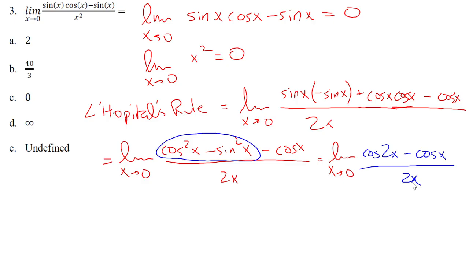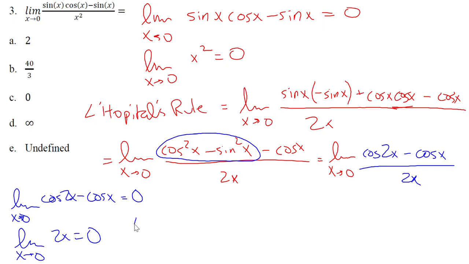And then we would note that because the limit as x approaches 0 of cosine 2x minus cosine x is equal to 0, right, because that's the cosine of 0 minus the cosine of 0, that's going to be 0, and that the limit as x approaches 0 of 2x is also equal to 0, we can apply L'Hopital's rule again, giving us a limit as x approaches 0 of the derivative of cosine 2x, which is negative 2 sine 2x, using the chain rule.